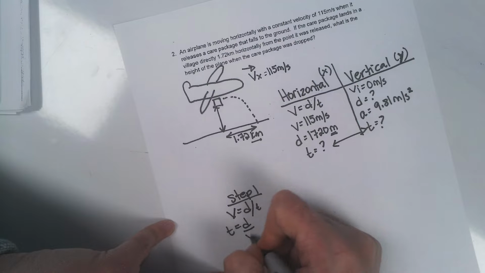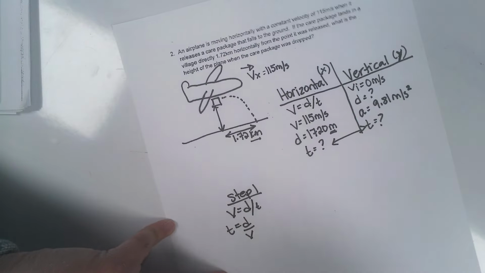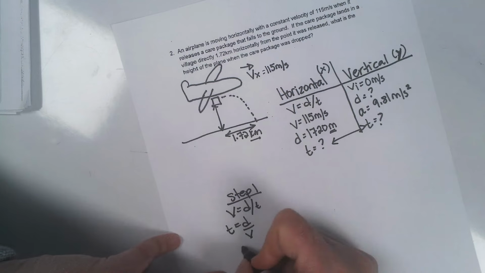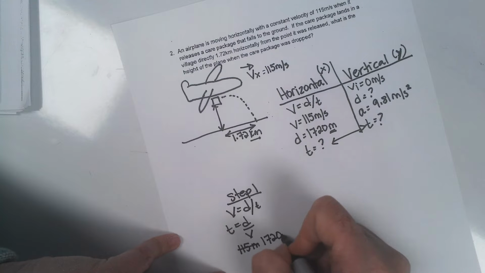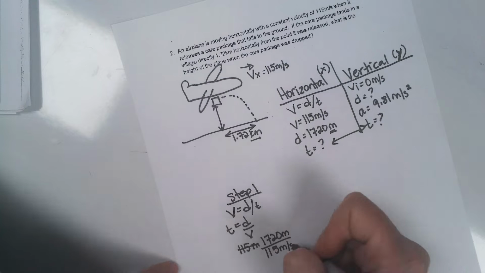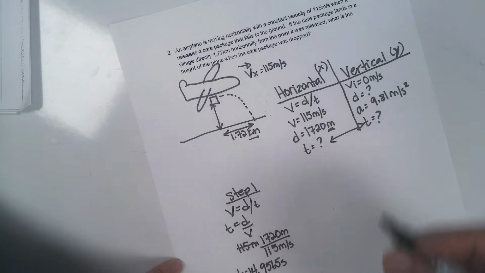And when I rearrange the formula, I bring my t up out of the denominator and then I bring my v out. And so I am looking at 1,720 meters divided by 115 meters per second. My time is going to be 14.9565 seconds.